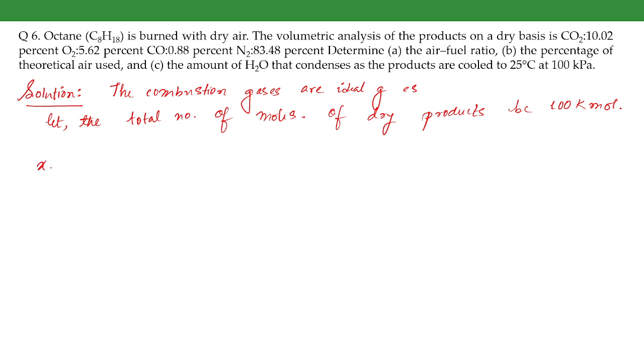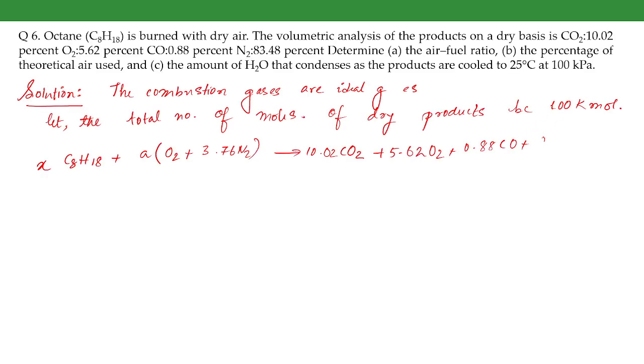So let x be the kilomoles of the fuel that is being burned with A kilomole of air to give 10.02 of CO2 plus 5.62 oxygen plus 0.88 carbon monoxide plus 83.48 nitrogen.